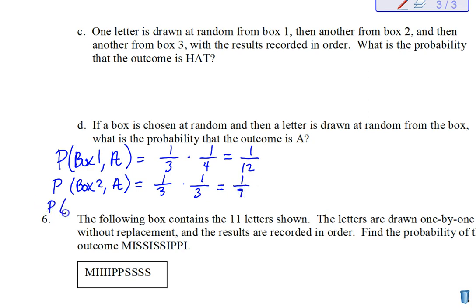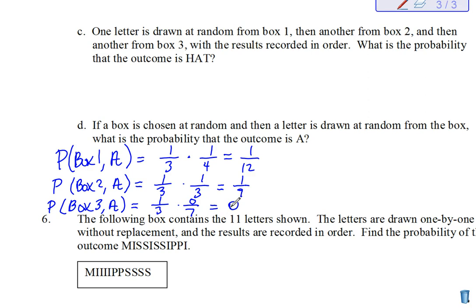The probability that I get an A in box 3 is, assuming that I'm going to get box 3 and then get an A in box 3, probability I get box 3 is 1/3. Out of box 3, there are no A's, so that would be 0 out of 7. So the probability that I get an A in box 3 would be equal to 0.